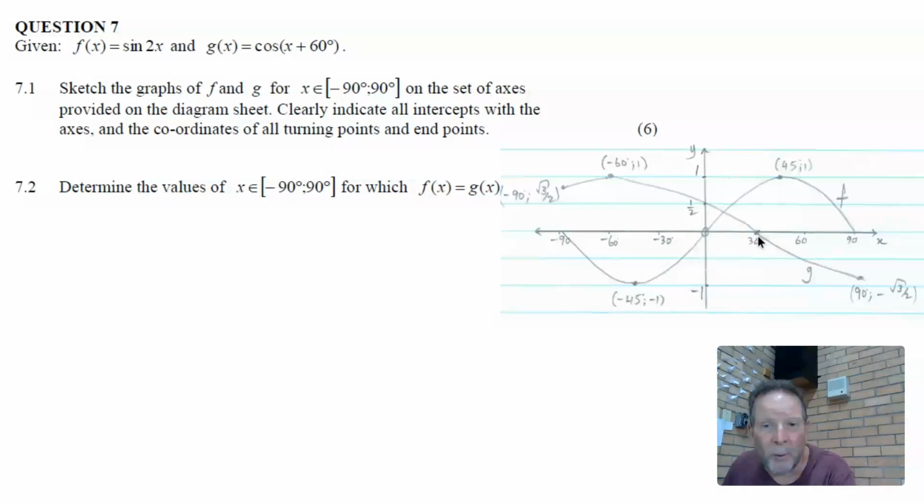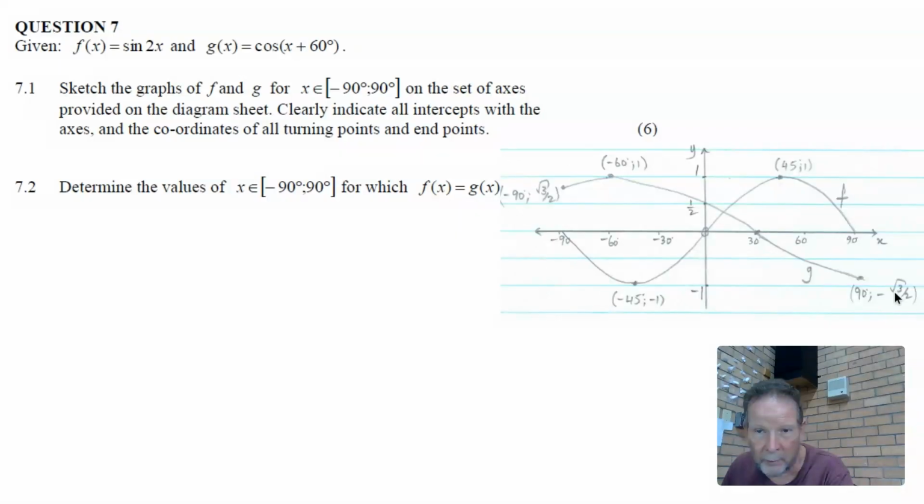And for the other points, you just should know the cosine of 60 degrees. If x is 0, the cosine of 60 must go through a half. There we go, it's got a half there. And then what you do is you put in 90 degrees, go 90 plus 60, you can see it in your head.